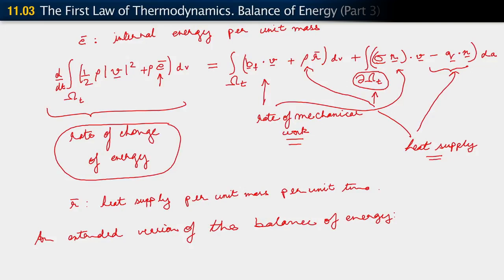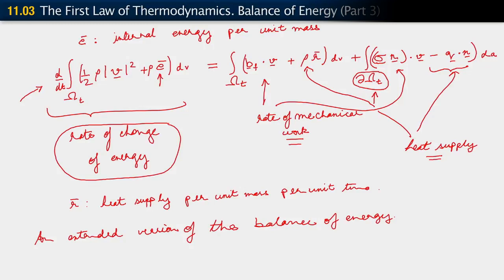What we want to do is, as we've done for our other balance laws, move away from this integral form to a pointwise form, right? We want to get at a PDE. The way we do that is continuing to look at this equation. This term is in a form that is ripe for the application of the Reynolds transport theorem, because we have d/dt of some quantity integrated over the current configuration, and very nicely we have the mass density showing up there.